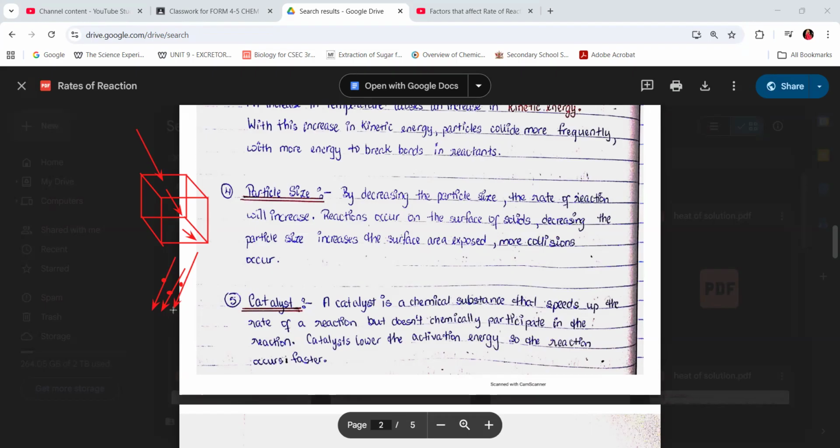Because the reaction takes place on the surface of your substance. If the heat had to penetrate all of those layers, it would take too long. So when you break up your particle size, it's definitely going to cause the reaction to occur faster. And now I'm going to show you an example of it, right?